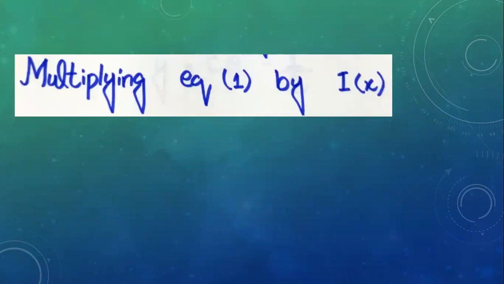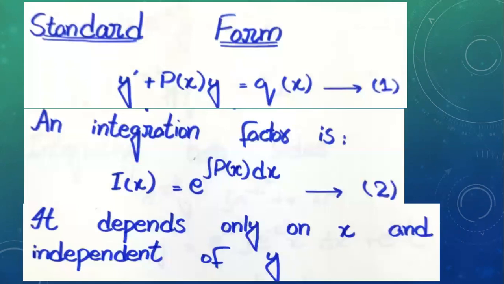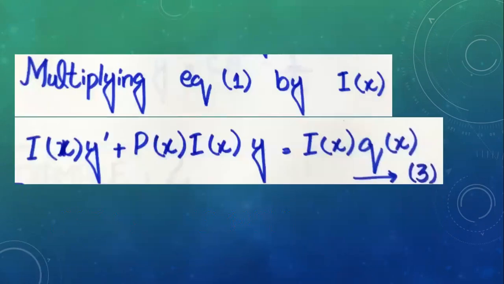Once you calculate I of x by applying this formula, you multiply it to standard equation number 1. You will obtain I of x y prime plus p of x I of x times y is equal to I of x multiplied by q of x. Once you achieve this form, your problem is much more simplified and it is easier to calculate its answer.